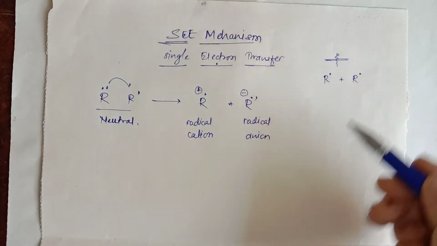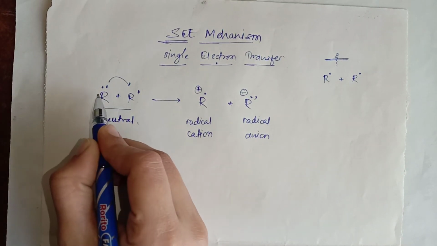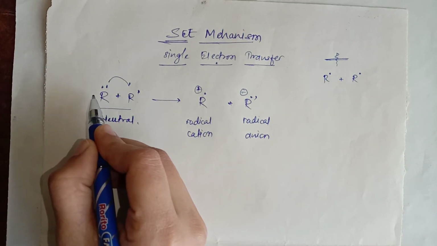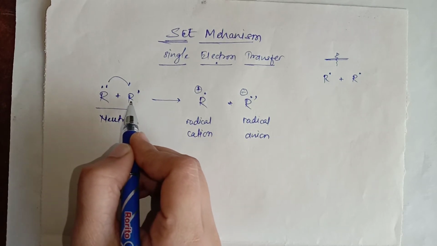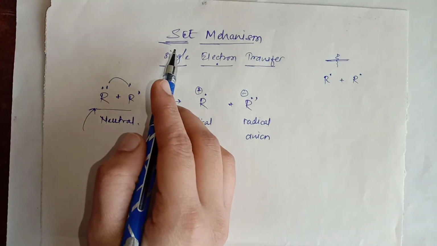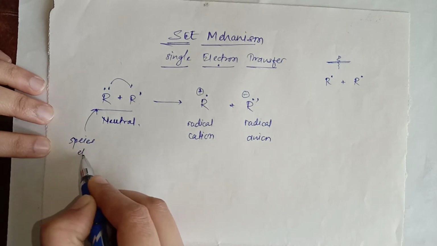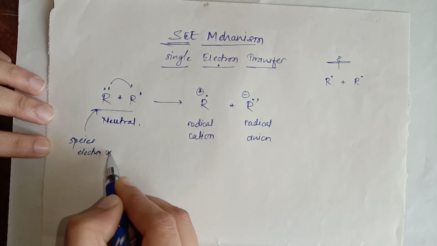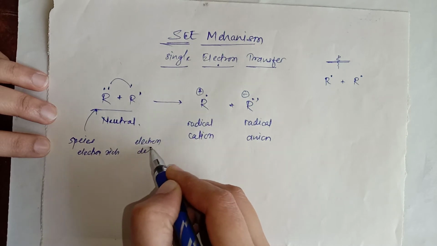In the case of the SET mechanism also, suppose we have two molecules, one electron rich, which will donate its electron to the electron deficient species. So in the SET mechanism, we require one electron rich species and one electron deficient species.